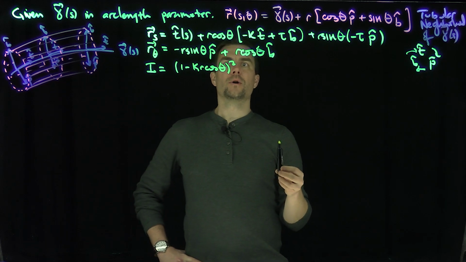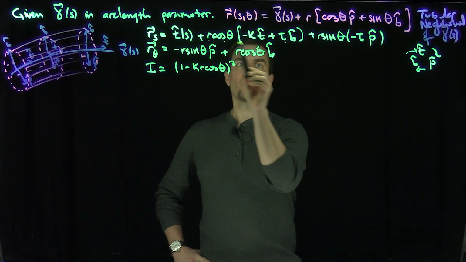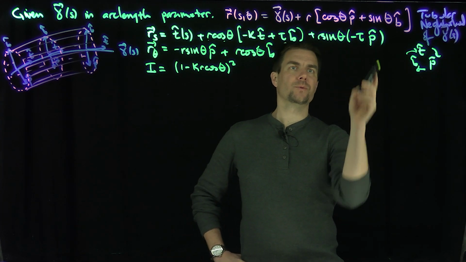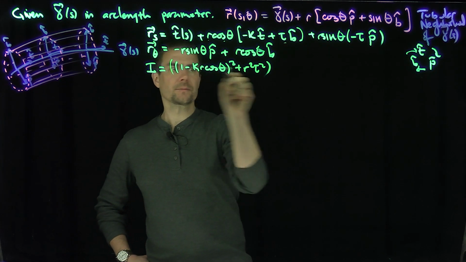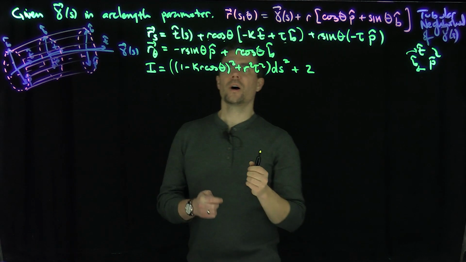Then let's see, what's the b coefficient going to be? It's going to be r tau cosine squared. So r squared tau squared cosine squared, and then r squared tau squared sine squared. So we have an r squared tau squared ds squared plus 2, the cross terms over here.